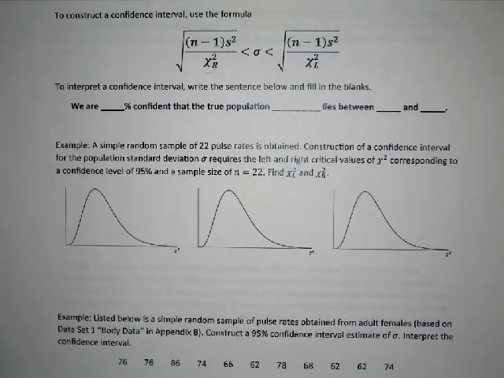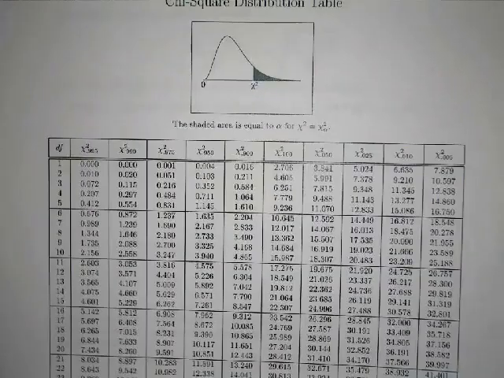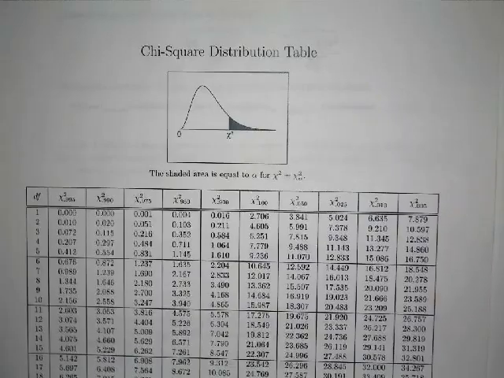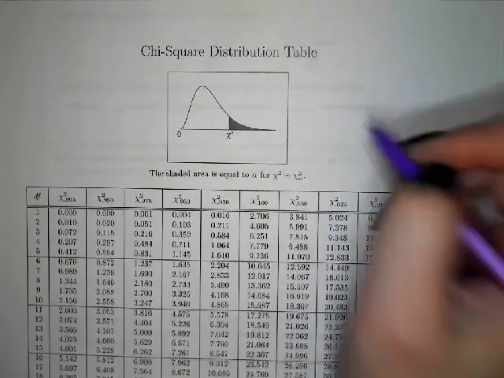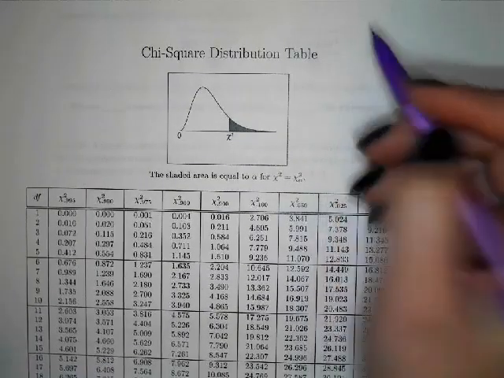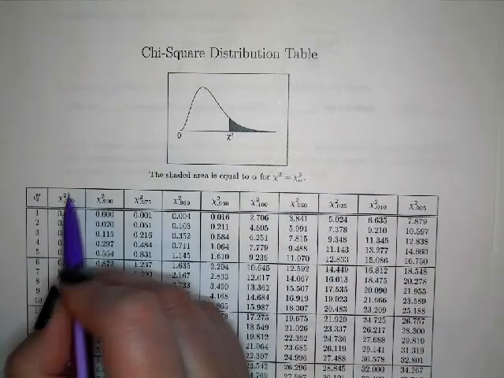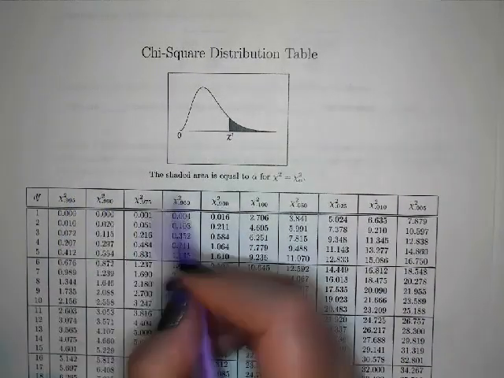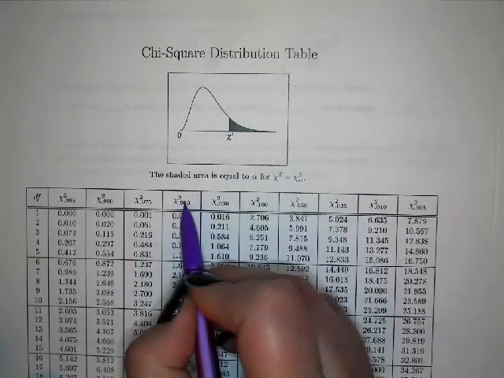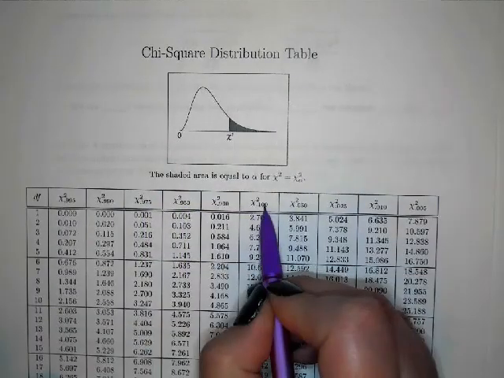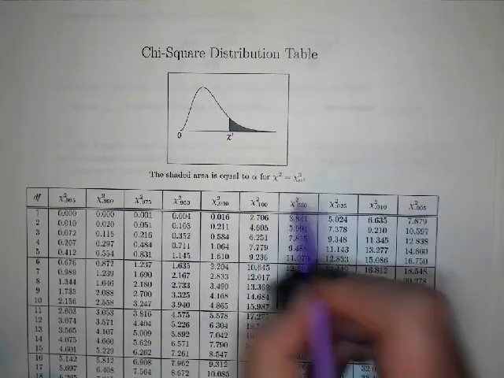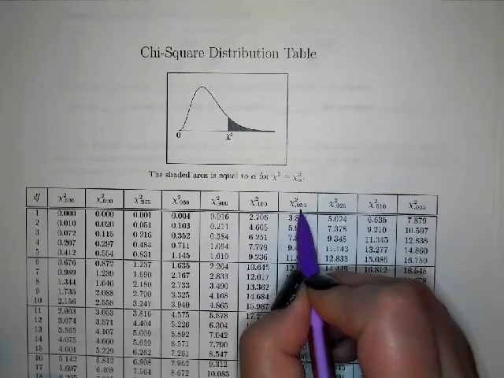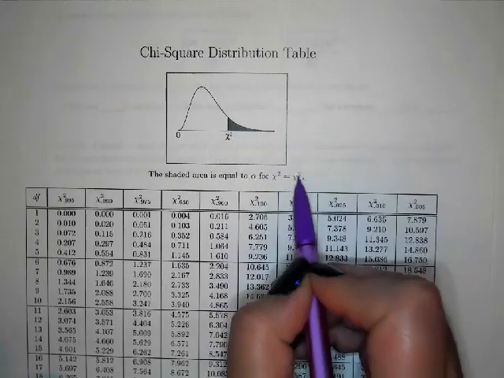So first, what I would like for you to do is look at your chi-square distribution table. It looks like this. And so on the chi-square distribution table, we have subscripts. So we have chi-squared, subscript 0.995, 0.990, 0.975, subscripts over here, and then you'll notice these subscripts are a lot smaller, 0.100, 0.050. So the subscript represents the shaded area.